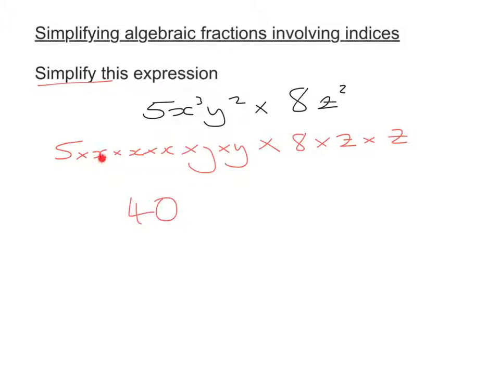I've got an x times an x times an x, so that's x cubed. I've got a y times a y, that gives me y squared. And I've got a z times a z, and that gives me z squared. So all I've done is take my two expressions, multiplied them together, and got a combined expression.